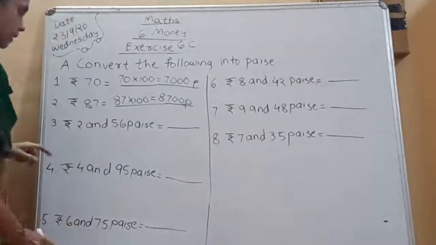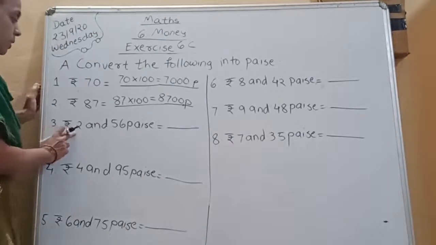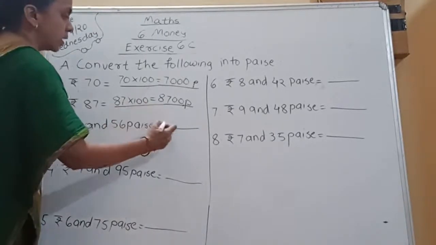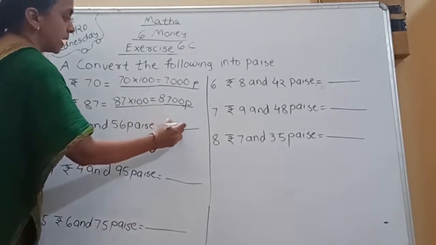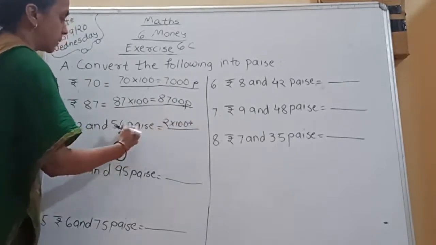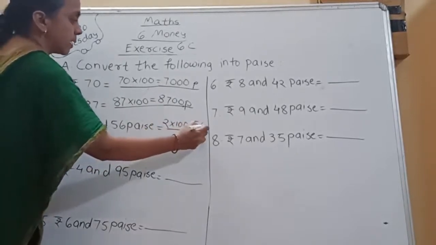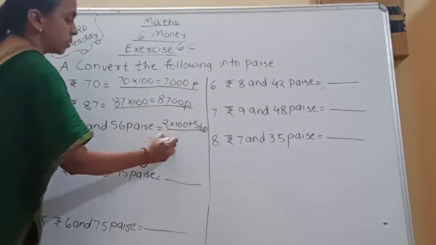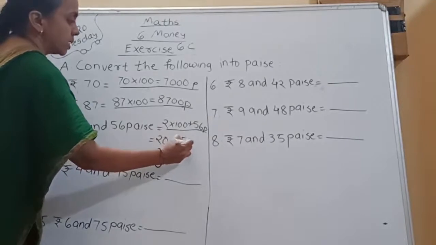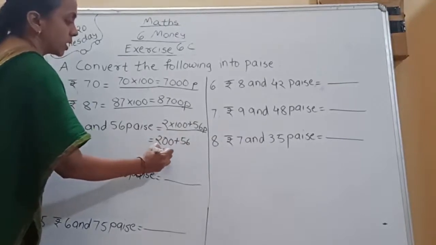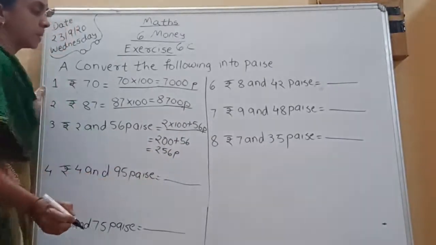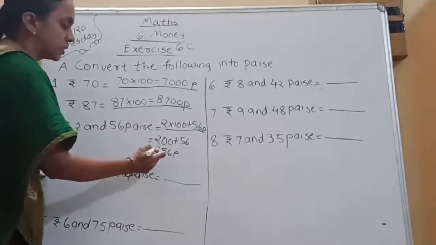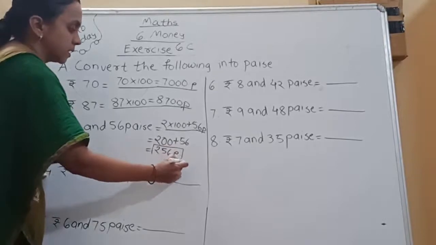Okay. Now see third example, rupees 2 and 56 paise. Rupees 2 means what? 2 multiplied by 100 plus 56 paise. So 100 multiplied by 2, 200 plus 56 equal to 256 paise. So what you have to do here, you just write down this answer there.